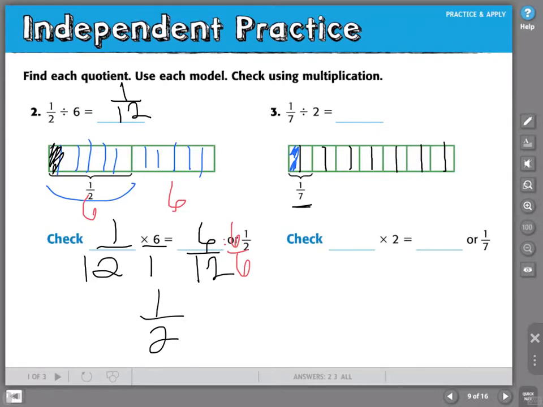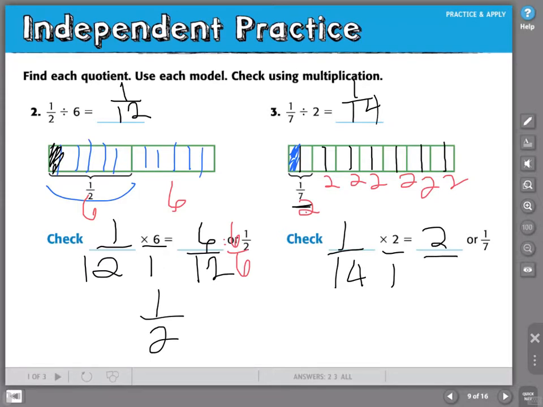Well, I know I would have 2 here, and 2 here, 2, 2, 2, 2, and 2. 2 times 7 is 14. So one of these pieces would represent 1/14. Let's check our work with multiplication. 1/14 times 2 would give me 2/14. If I divide both the top and the bottom by 2, my simplest form is 1/7.